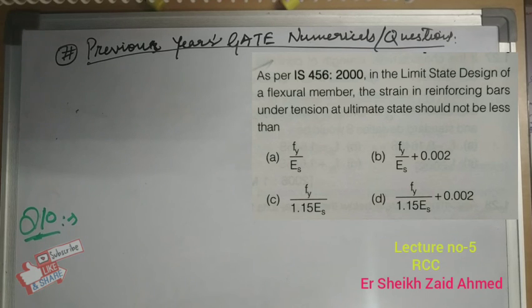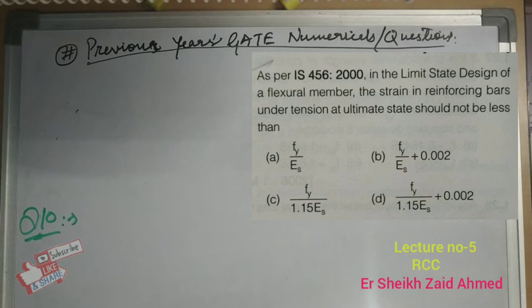So our options are, first is Fy upon Es, second option is Fy upon Es plus 0.002, third one is Fy upon 1.15 Es, and fourth option is Fy upon 1.15 Es plus 0.002. This question came in GATE 2012 and it was a 1 mark question.